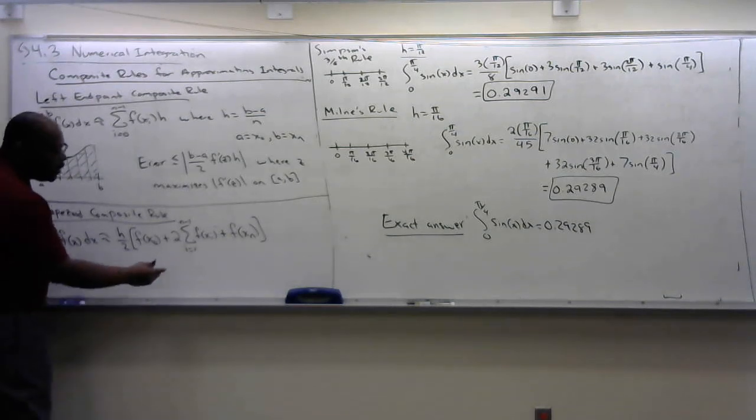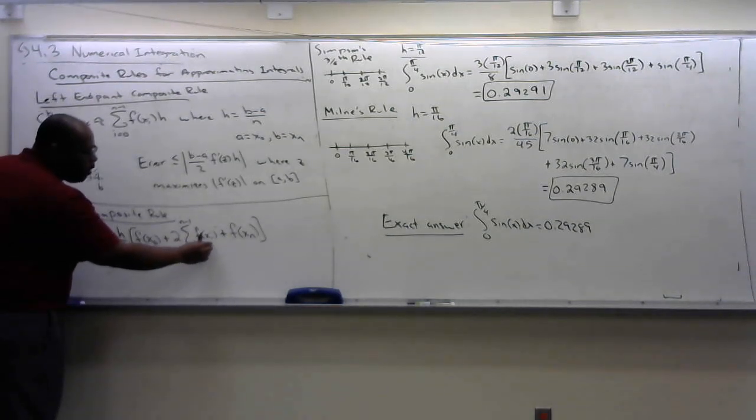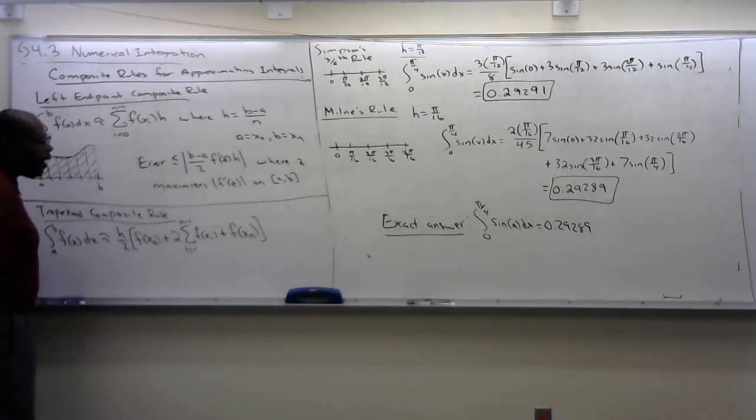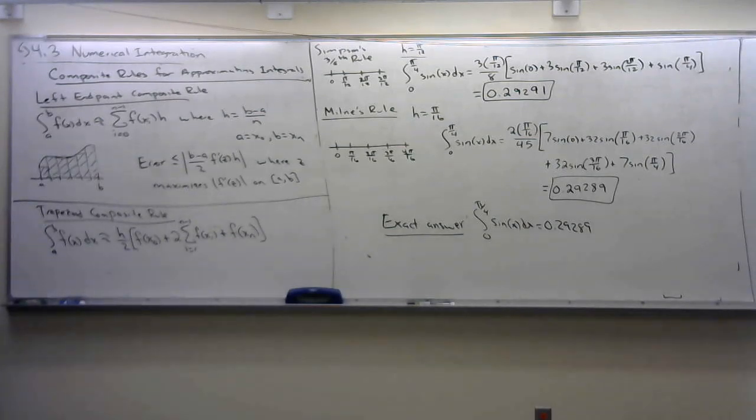Okay, so this sum i equals 1 to n minus 1 is only on the f of xi term. f of x0 and f of xn are outside of that.